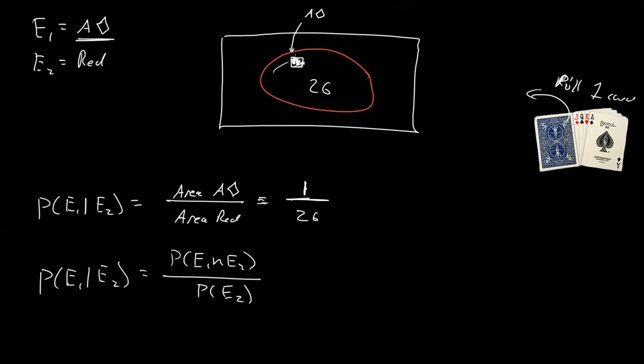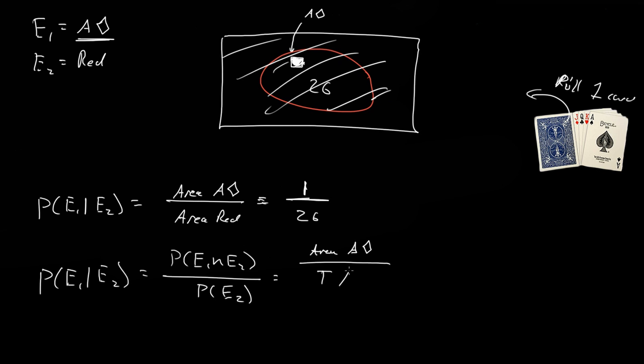Well, the intersection is just this one little area, the area of the ace of diamonds divided by the total area of the sample space, divided by the probability of event 2, so just getting a red card. So the area of the red card divided by the total area.